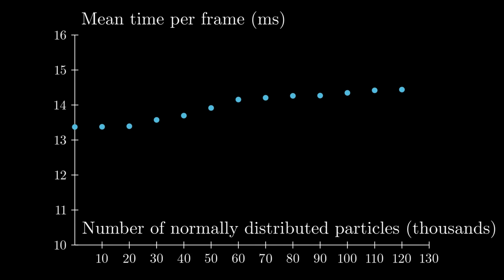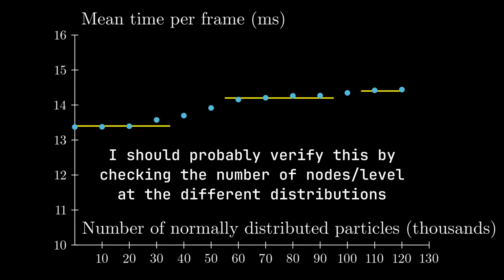What's very interesting is that the plot kind of has these three distinct levels of growth. My theory is that this may be because as the distribution of particles becomes more and more non-uniform, it reaches new density thresholds that mean we gain extra levels in our quadtree. Something like the load balancing of threads is probably also linked to the increase. That's something you can try for later. It's cool how these things emerge, and I have no idea why.